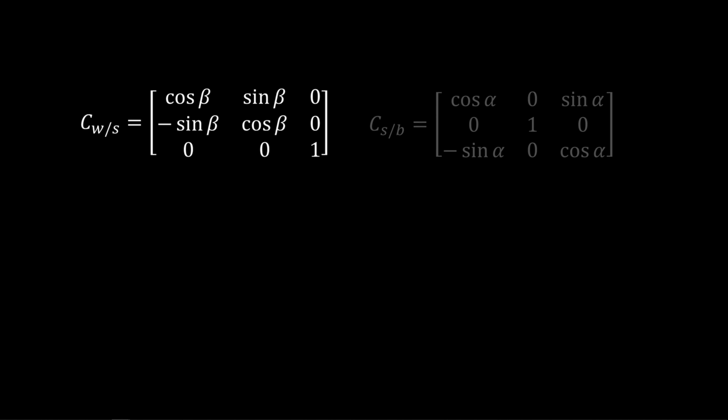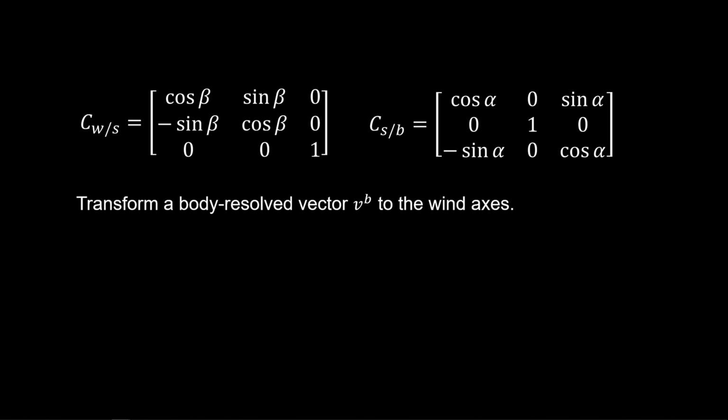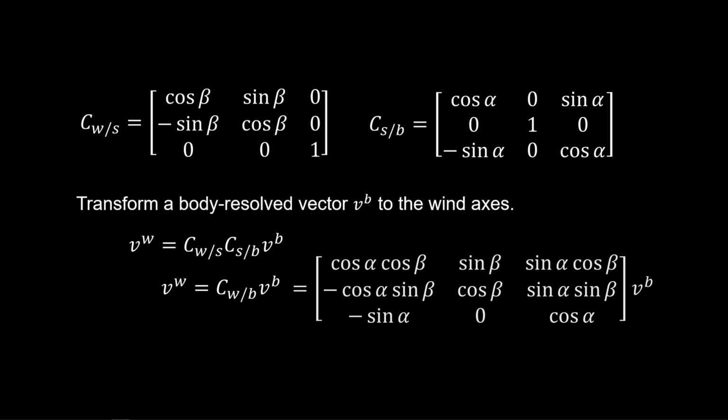In summary, we have defined stability and wind axis coordinate systems through rotation of the body coordinate system about the angle of attack and the angle of sideslip. Their product is a direction cosine matrix that allows us to transform a body axis vector to wind axes.